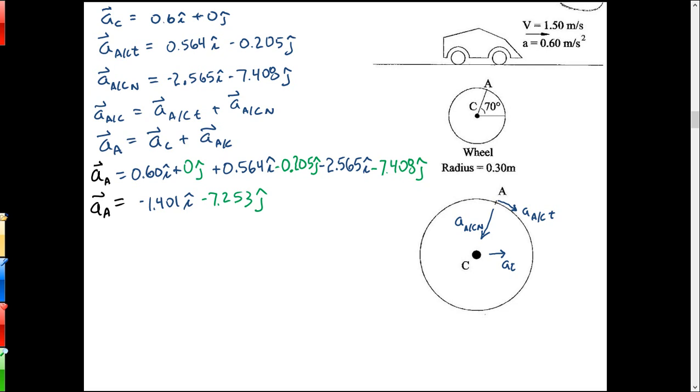And you could do that with vectors as well. I did it using trigonometry, but you could do that with vectors too. The normal is negative omega squared times the position vector from A to C. The tangential is alpha crossed with r. You could have done it that way as well if you prefer using vectors.